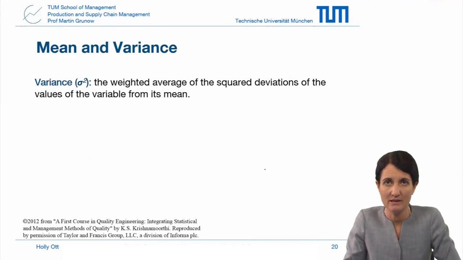The variance is the second important characteristic of a probability distribution. The variance is represented by the Greek letter sigma squared, and it's the weighted average of the squared deviations of the values of the variable from its mean. It gives us an idea of how dispersed the distribution is about the mean. The larger the value of variance, the more variability there is in the distribution.